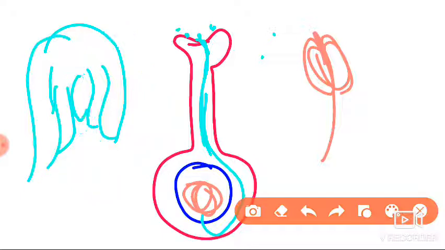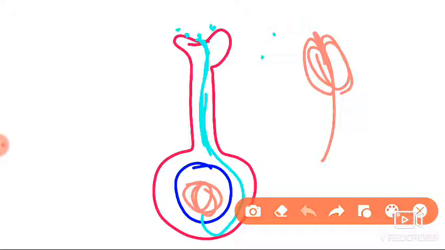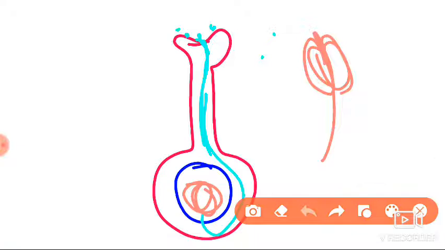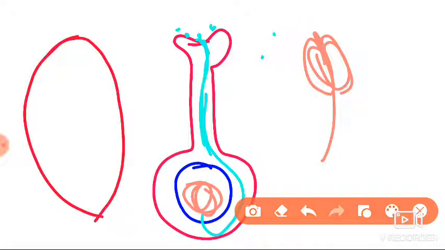This happens in the case of double fertilization. Now the exact structure of the embryo sac. I will draw the diagram first.